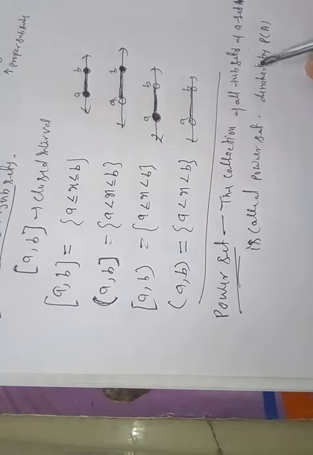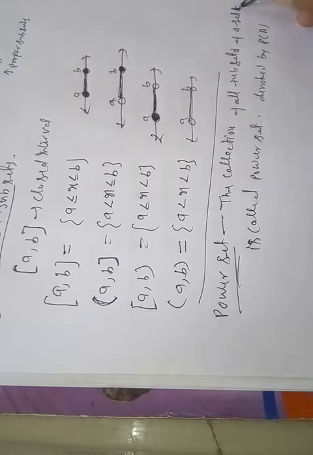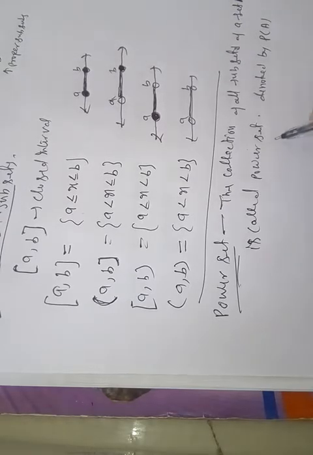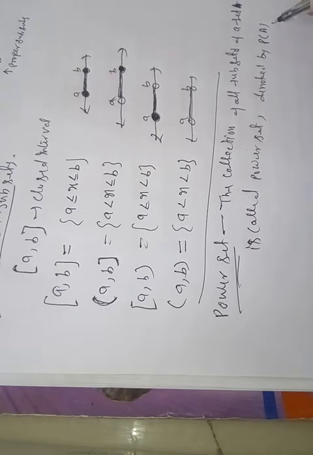The collection of all subsets of a set A is called a power set, denoted by P of set A.